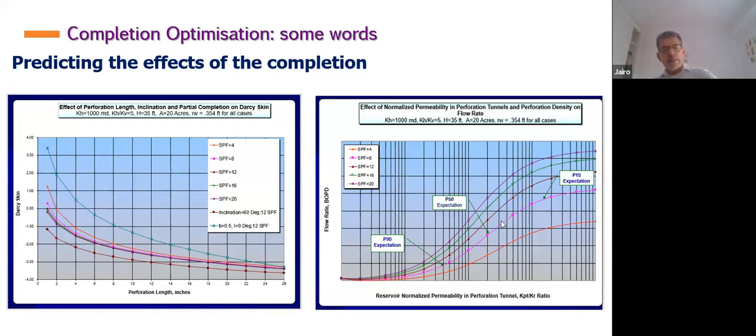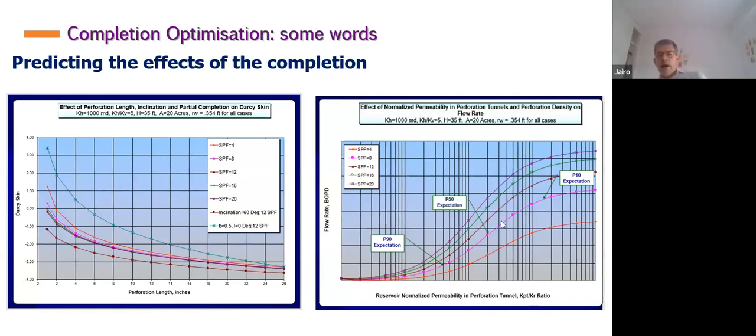The last one, the blue one, is the best because the well is highly inclined, and an inclined well will also give you a negative skin.